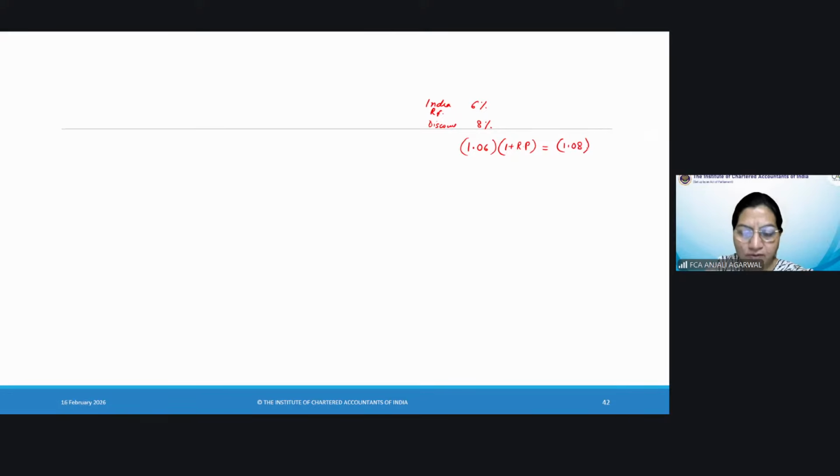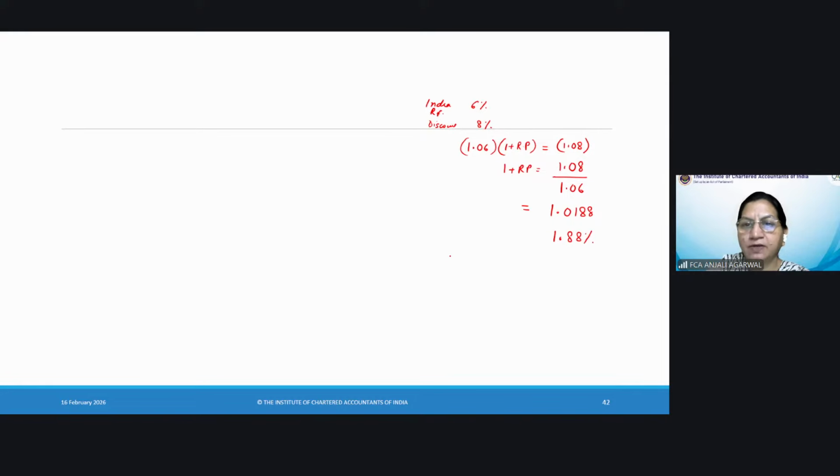When we'll do it in home currency, we will use the discount rate of 8%. So 1 plus risk premium is equal to 1.08 divided by 1.06. So this gives 1.0188 or 1.88%.